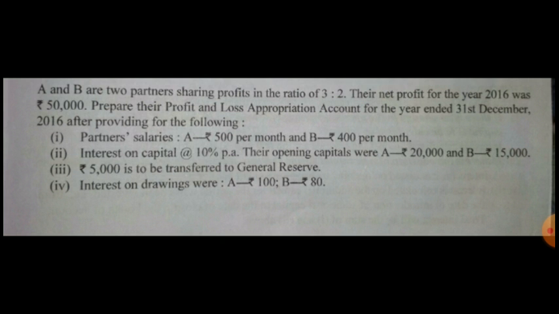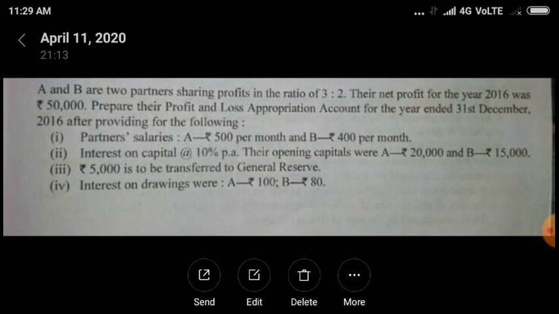You can see partner salary is given, interest on capital is given, the amount which is required to be transferred to general reserve is also given. Interest on drawing is also given in amount.